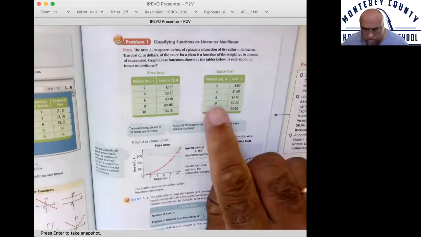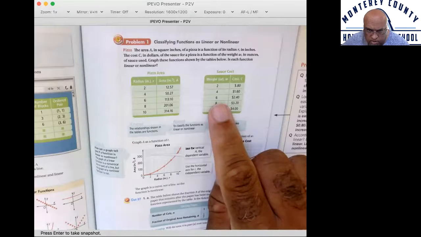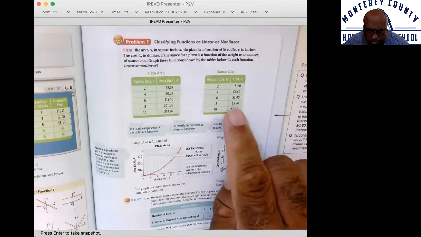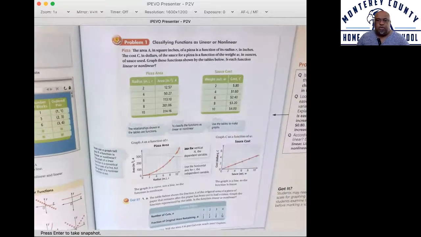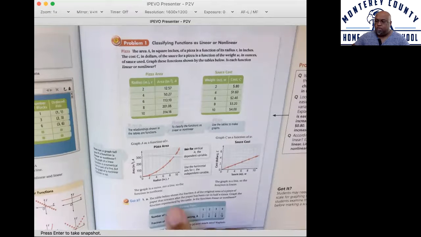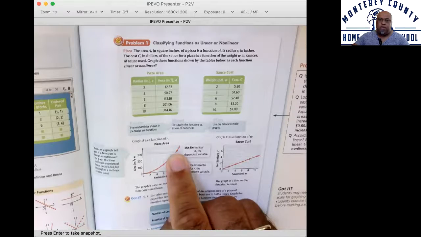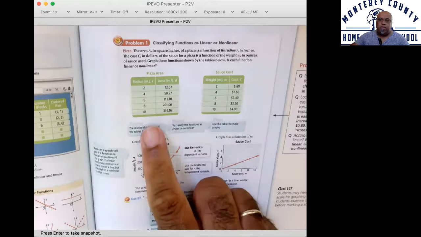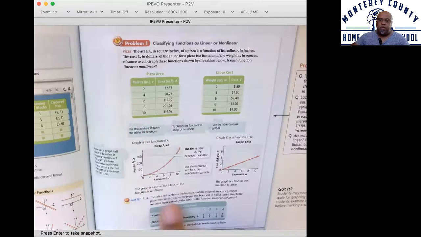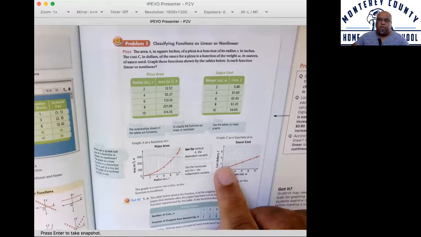Okay. Now this one, it's the weight in ounces of sauce compared to the cost. So sometimes you're going to get, like in this case, it's a curve when you see the graph of radius versus area. And sometimes it's going to be linear.